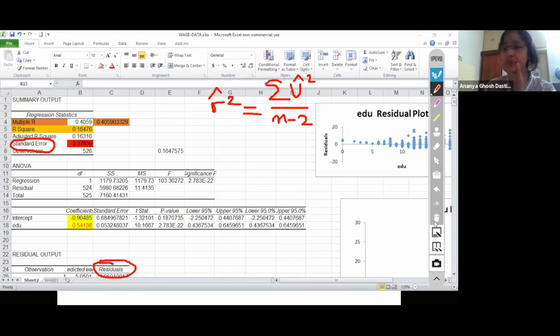So if you see, I have 526 observations and I'm just estimating 2 unknown parameters. So the degrees of freedom of my regression is actually 524, n minus 2. It is coming up right here.